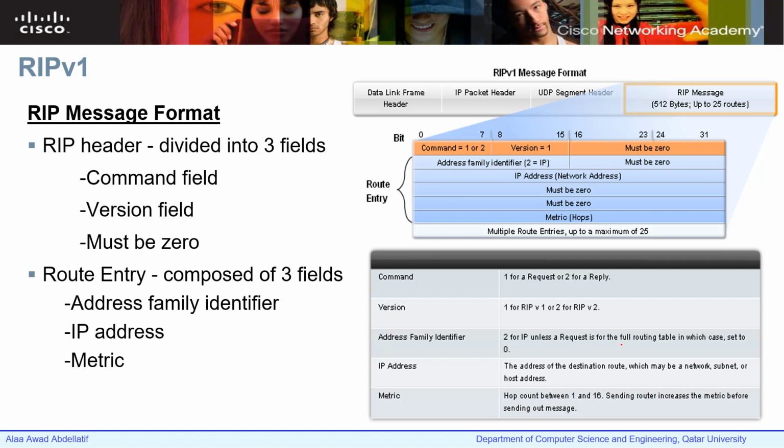If I am requesting the full routing table, I will set this identifier to 0. It means that I am requesting the full routing table. Then we put the IP address and the metric, and the metric here is a number of hops between 1 and 16, because the maximum is 16. That is the main component that will be included in any RIP message.